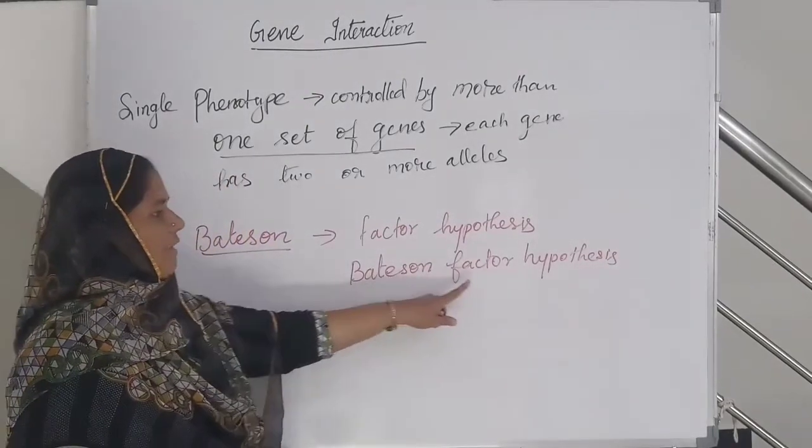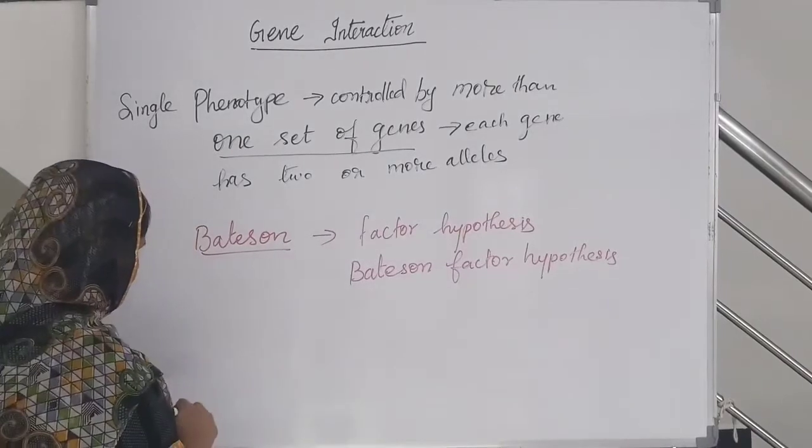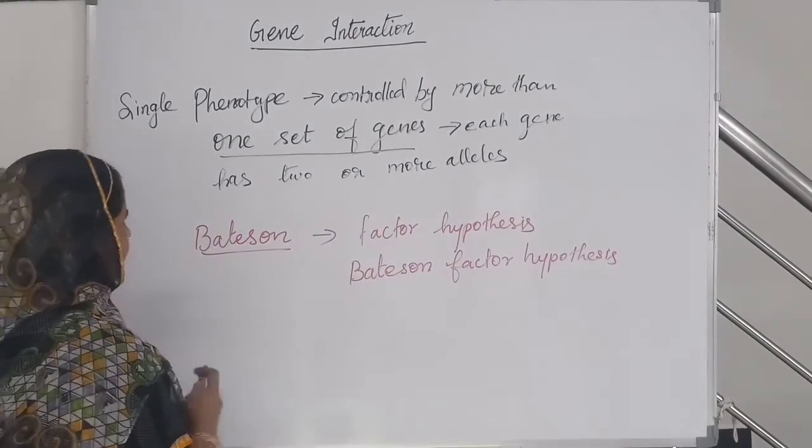According to Bateson's factor hypothesis, the interactions are classified into two types.